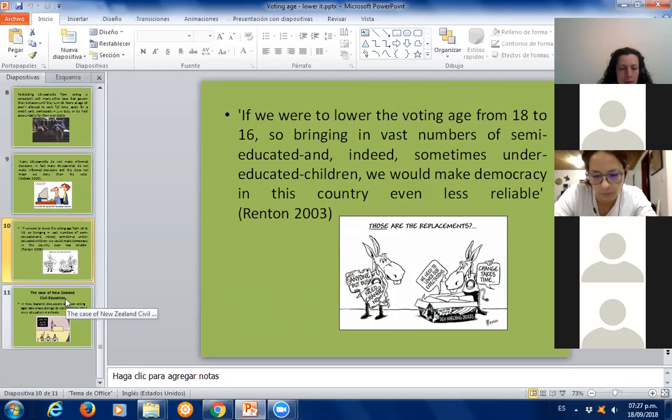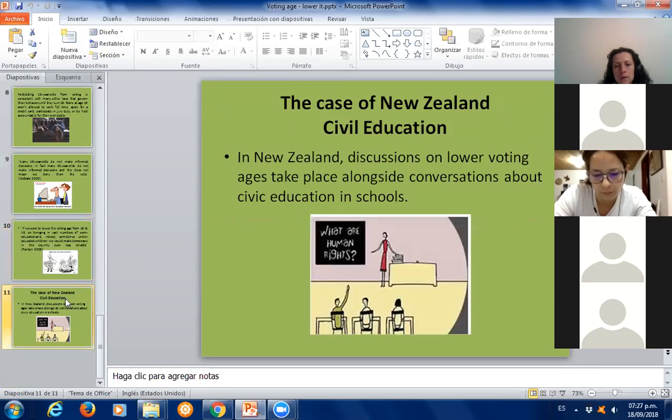And finally, I think this is very interesting in New Zealand, because they are discussing the possibility of lowering the age there. They think that debate needs to go with the debate about civic education in schools.